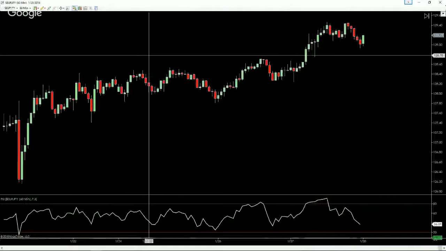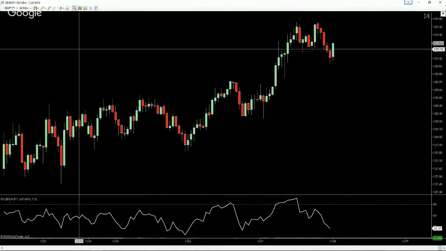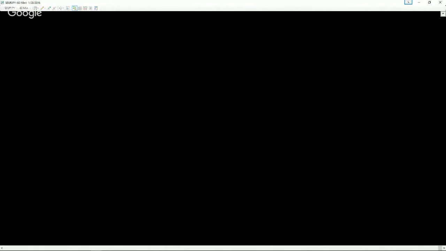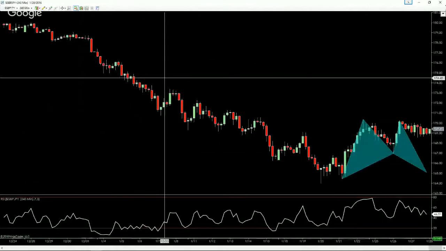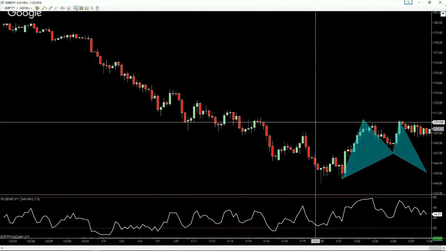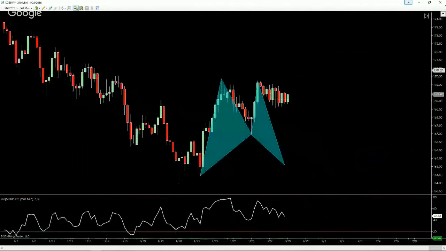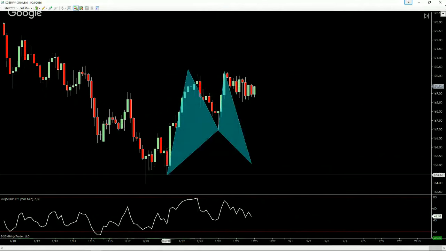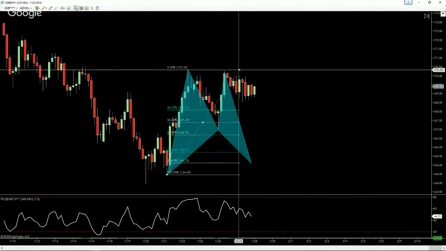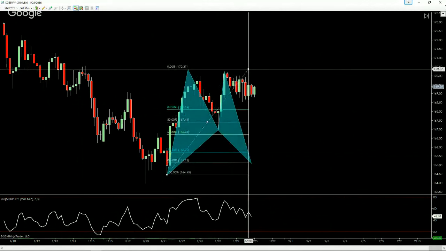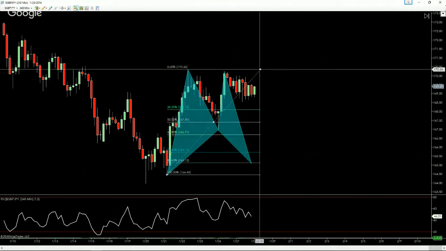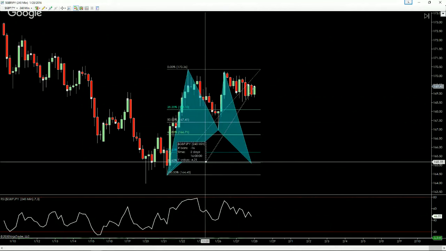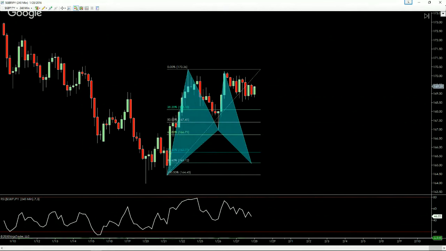Let's go to 4 hour. And on the 4 hour, we still have that bull bat, I believe. Yes, it's a bat. It's still valid. It's still ways away, still really far away.